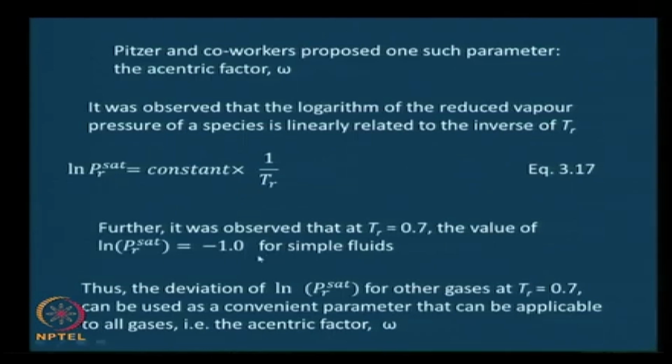And most importantly, it is just one measurement. The deviation of log of P_r^sat at Tr 0.7 can be used as a convenient parameter applicable to all gases. In other words, this acentric factor can be used as a convenient parameter.